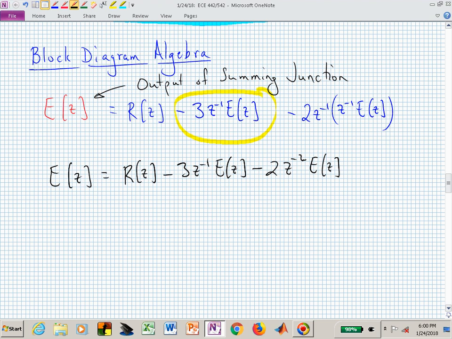And now I want to put all of the e's on one side of the equal sign. So I add 3z to the minus 1 e of z, and I add 2z to the minus 2 e of z to both sides, and I have 1 plus 3z to the minus 1 plus 2 z to the minus 2. Those are all the scalings of e of z, and that's equal to r of z.